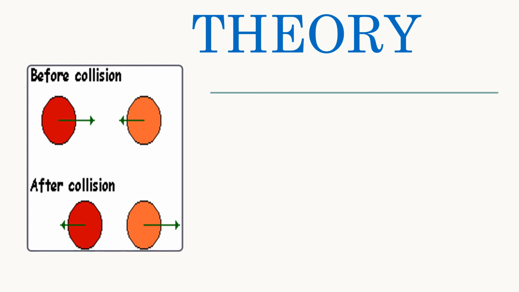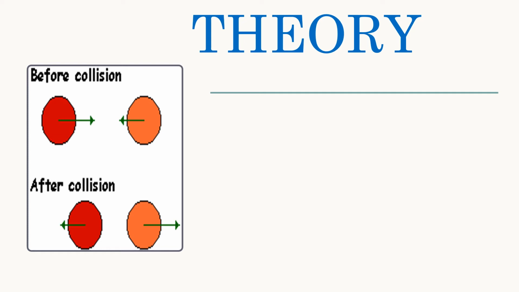Both the balls are traveling along a straight line at initial velocities ua and ub, such that ball A collides with ball B. During collision, ball A exerts a force on ball B, let us say Fa, while ball B exerts a force on ball A, which we can say is Fb. After collision, the two balls move with final velocities va and vb.